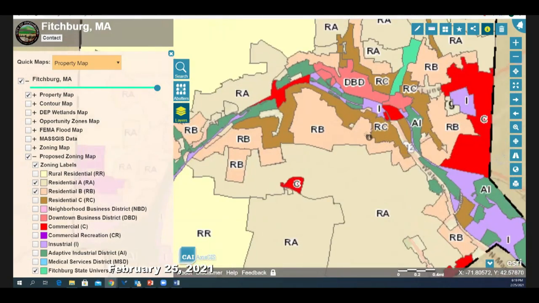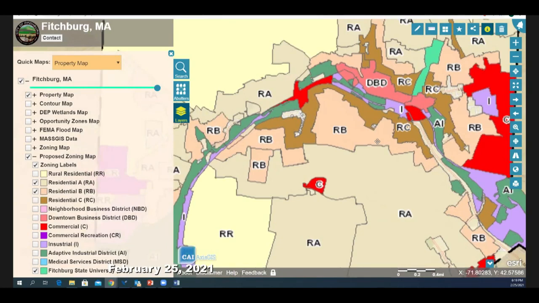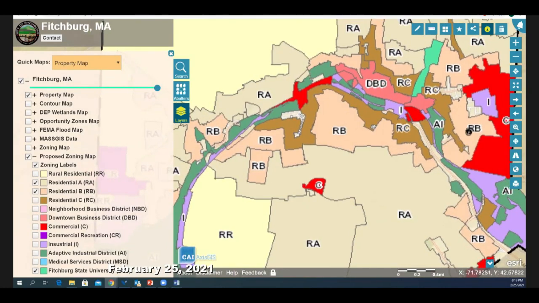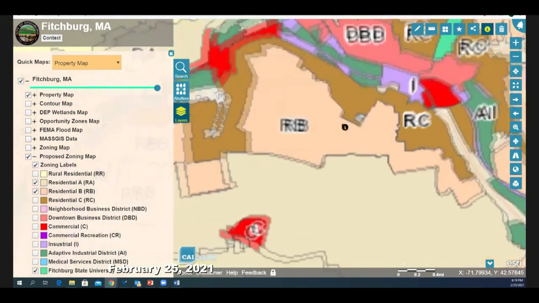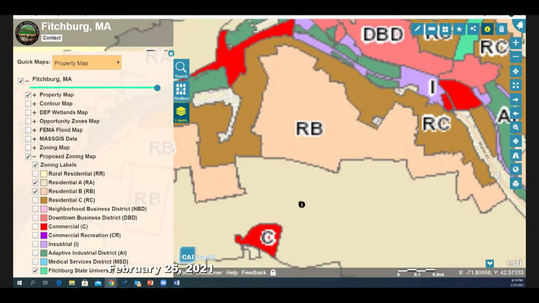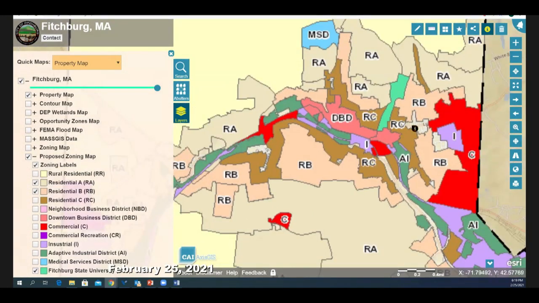I'm a bit colorblind. So some areas close to the John Fitch corridor between Lunenburg Street and Water Street, some sections of the Claiborne neighborhood, some sections in the South Street neighborhood, and some up closer to the college, pulling up Mechanic Street here. So that's a sense of some of the properties you'd be looking at here.